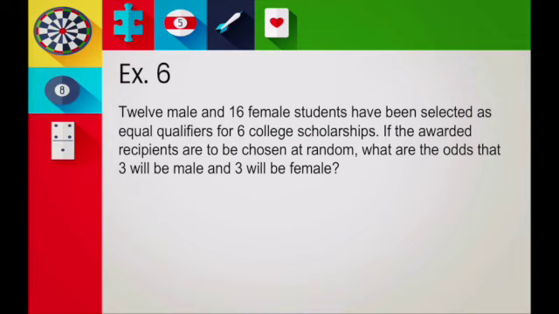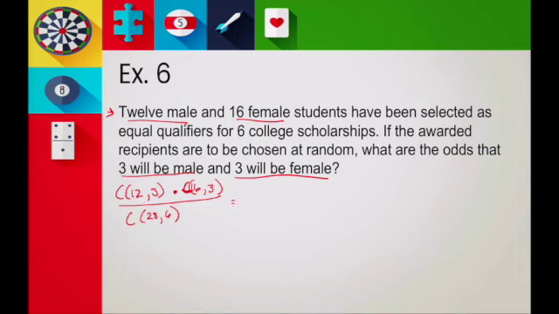So, the number of ways that we can pick 3 males from 12 is combination 12 choose 3, times the number of ways that we can pick 3 females from 16, combination 16 choose 3, over the total number of ways that we can pick 6 students out of 28.